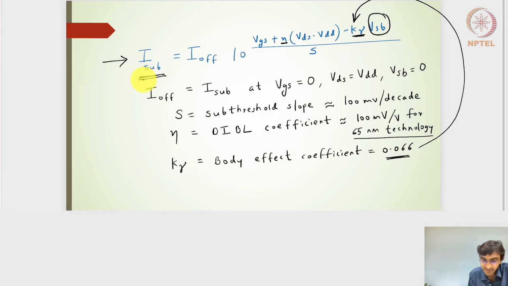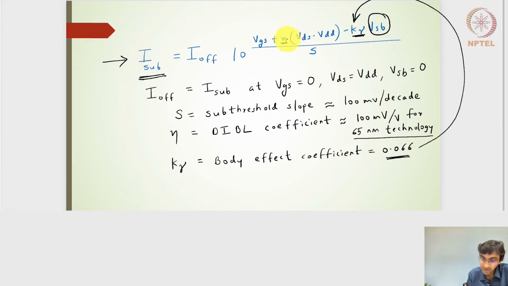So for this subthreshold leakage current, if I have 100 millivolts per volt as the constant here, and there is an increase in the VDS, I will have an effect in the channel, and thereby the subthreshold leakage current is likely to be affected.